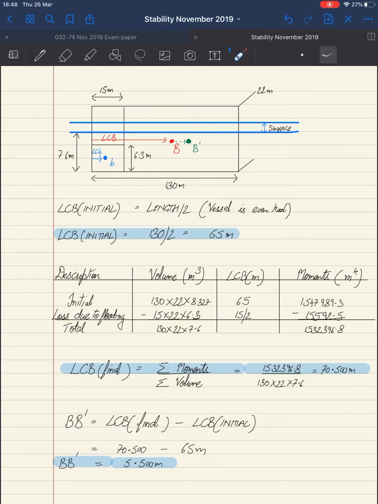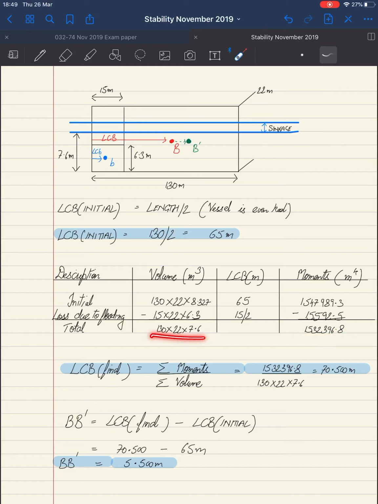And the LCB of the flooded compartment is half of its length, so half of 15 meters will be the longitudinal center of buoyancy of that compartment. So we need to take this out from this to get our final effective moments.